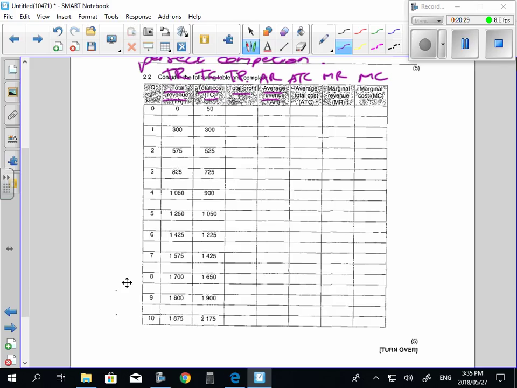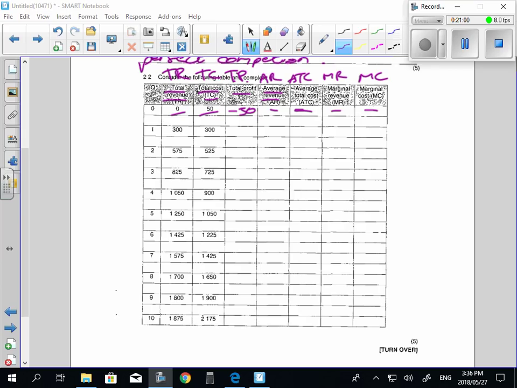From 0 units of output, if you sell 0 units, you make 0 revenue, but your total cost is 50. It means that your total profit is negative 50. You are making a loss of 50. There's no average revenue, no marginal revenue, no marginal cost, and no average total cost. For the first unit of output, your total revenue is 300.